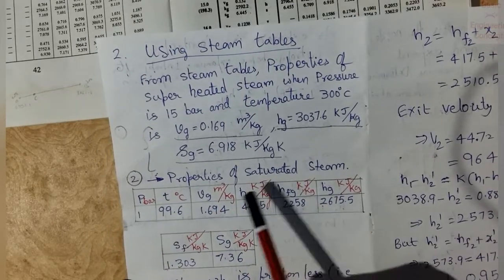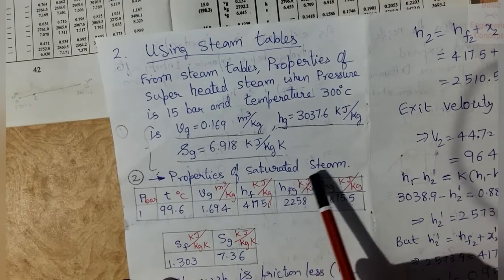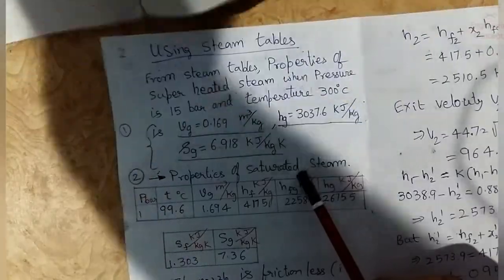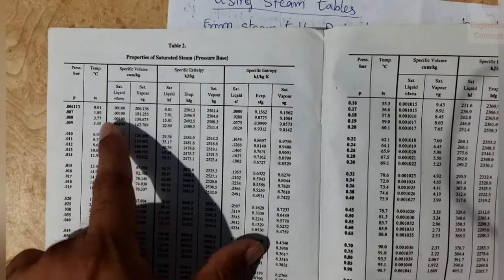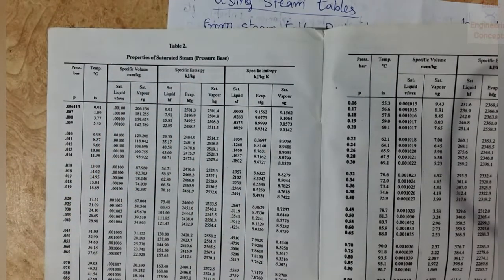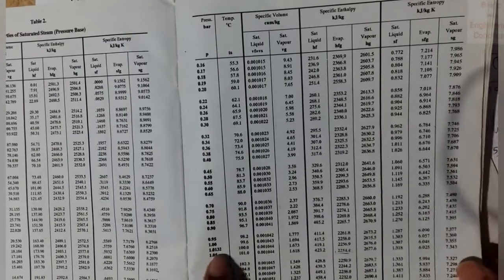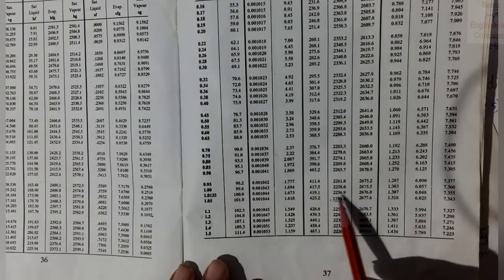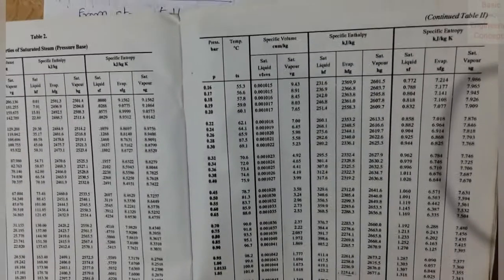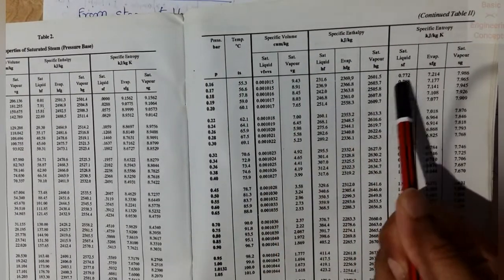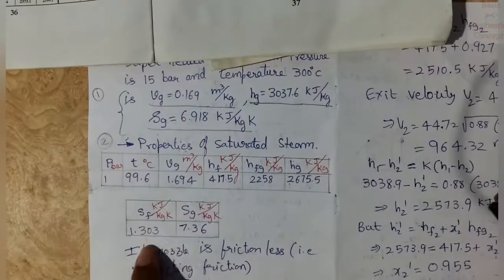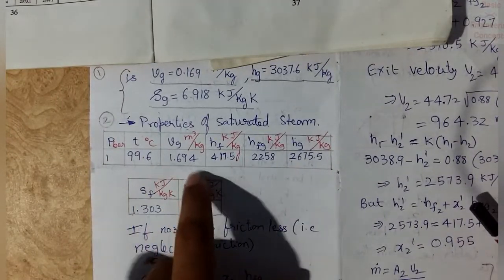We can obtain these values from the properties of saturated steam tables, at a pressure of 1 bar. So 99.6 and the other values, all the values here. And these are the parameters, Hf, Hfg, all those things. When I note them, the values are like this.